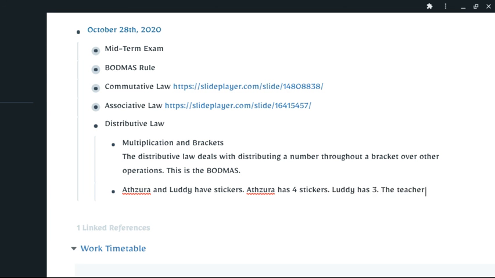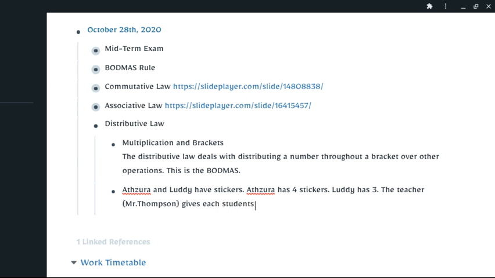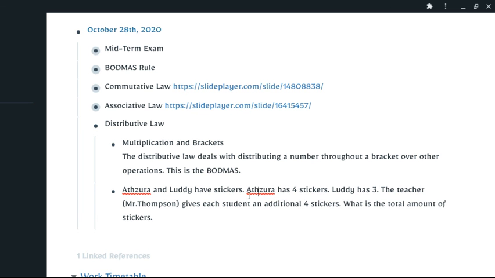The teacher, Mr. Thompson, gives each student an additional 4 stickers. What is the total amount of stickers? You very rarely see questions like this, but it's just an example to show you.